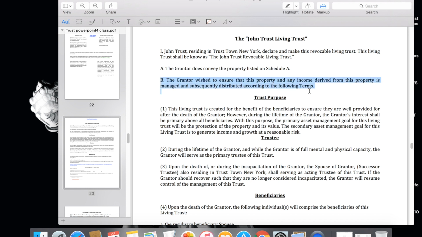The grantor wished to ensure that this property and any income derived from this property is managed and subsequently distributed according to the following terms.